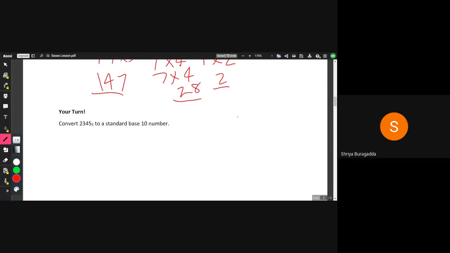Now, this is your turn. It says to convert 2, 3, 4, 5 in base 5 to a standard base 10 number.